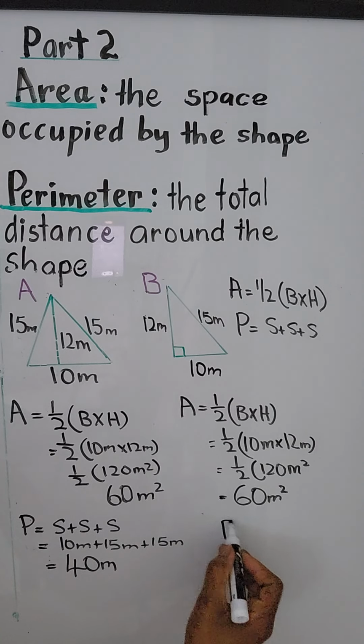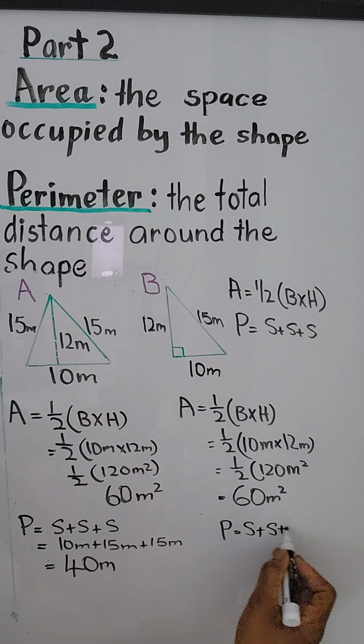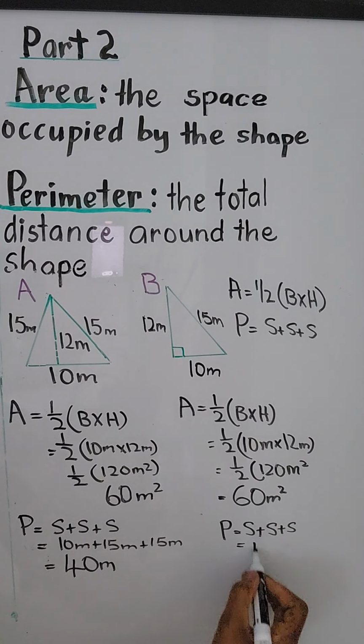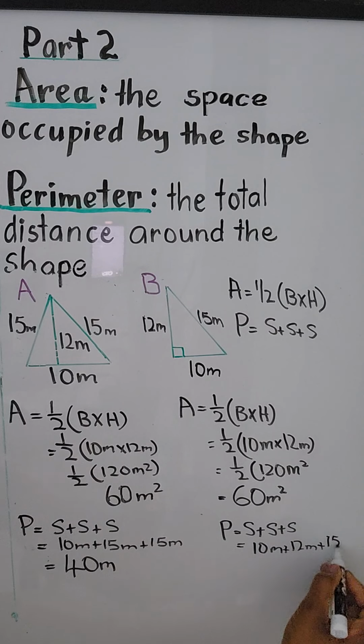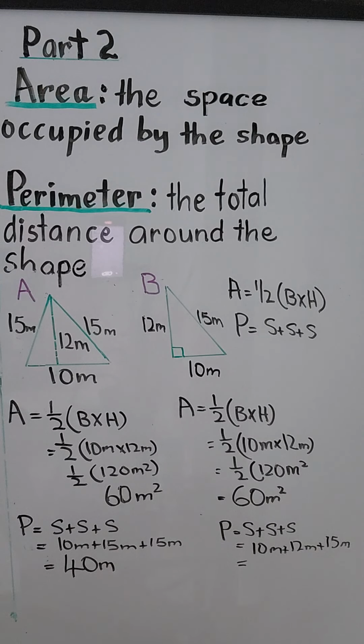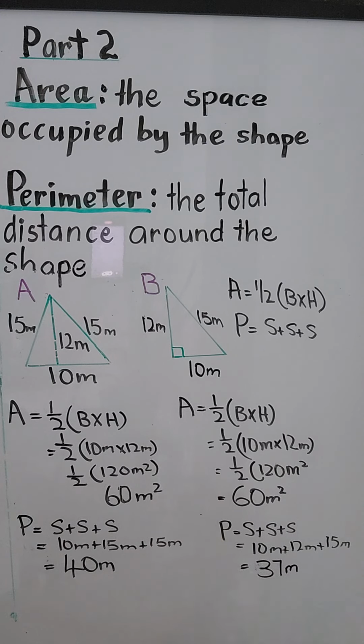And the perimeter for triangle B, side plus side plus side, 10m plus 12m plus 15m, and that is equal to 10 plus 12, 22, plus 15, 37. 37 meter.